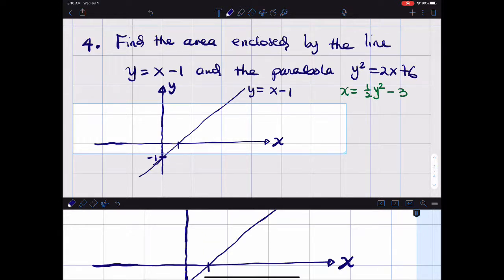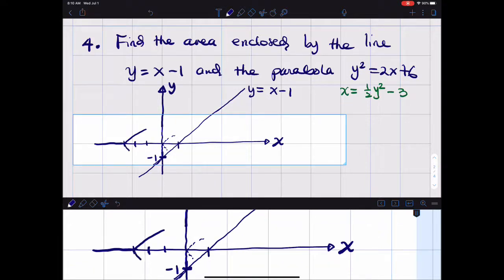In this case, you're moving it to the left 3 units. So instead of being over here, it becomes somewhere over here. Its vertex is at -3 on the x-axis.